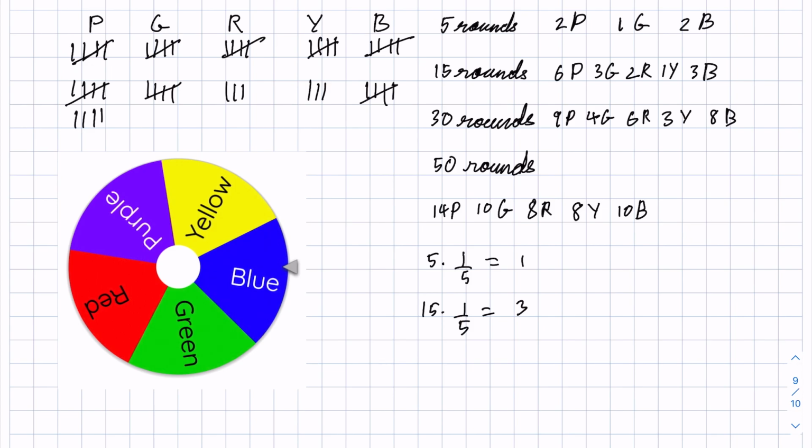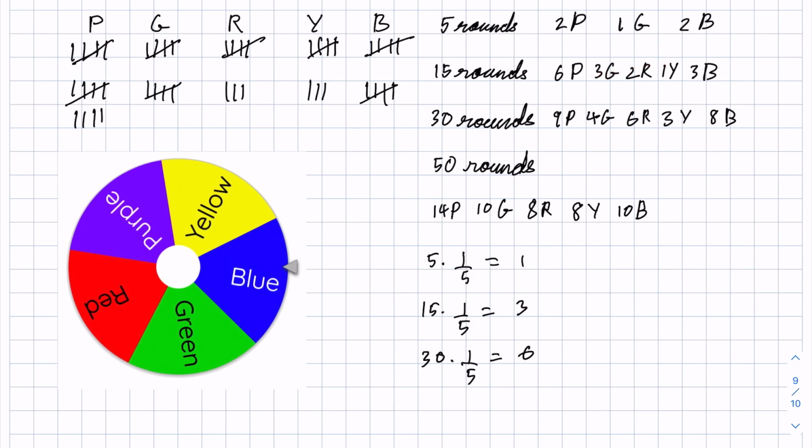And now for 30 times. 30 divided by 5 is equal to 6. Although we have only one that matches the theoretical probability, all of these other values are kind of close to 6, right? Previously they were quite far off.